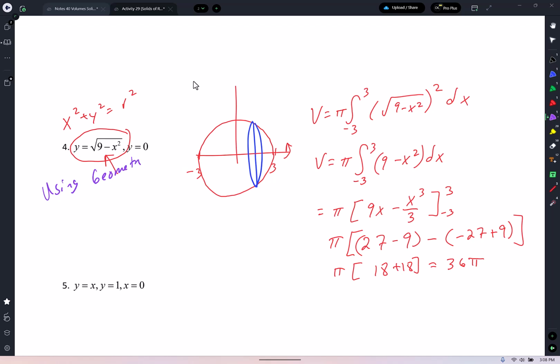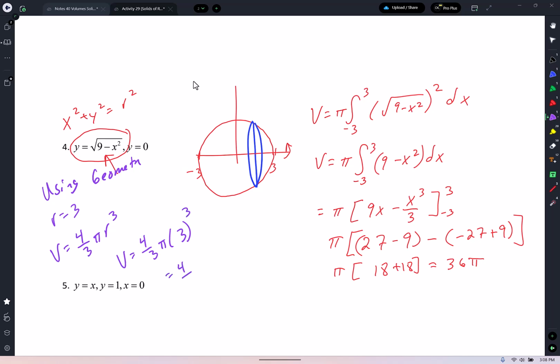What's the radius of this sphere? What's the radius of the sphere, guys? 3. Volume of a sphere is 4/3 pi r cubed. So look, using geometry, 4/3 pi, parentheses, 3 to the third power.